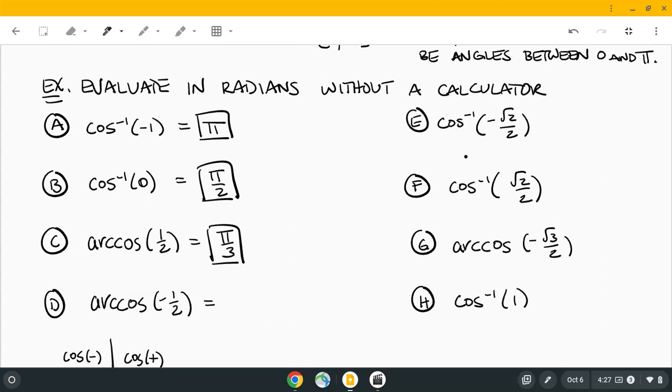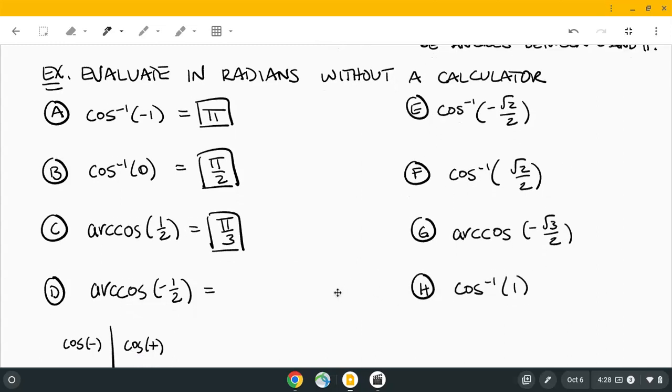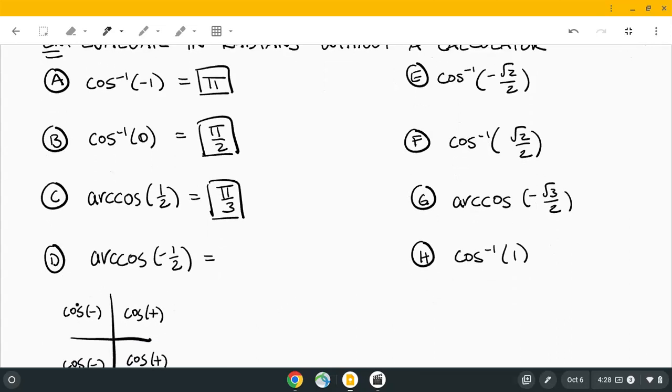All right, so this is where it's a little tricky, and so that's why I wanted to focus on this a little bit longer than I did with sine. Whenever you're doing the cosine inverse of a negative number, you need to get the angle that's over here in this quadrant, because remember, your answers have to be angles that are from 0 to pi. So it's going to come from this quadrant.